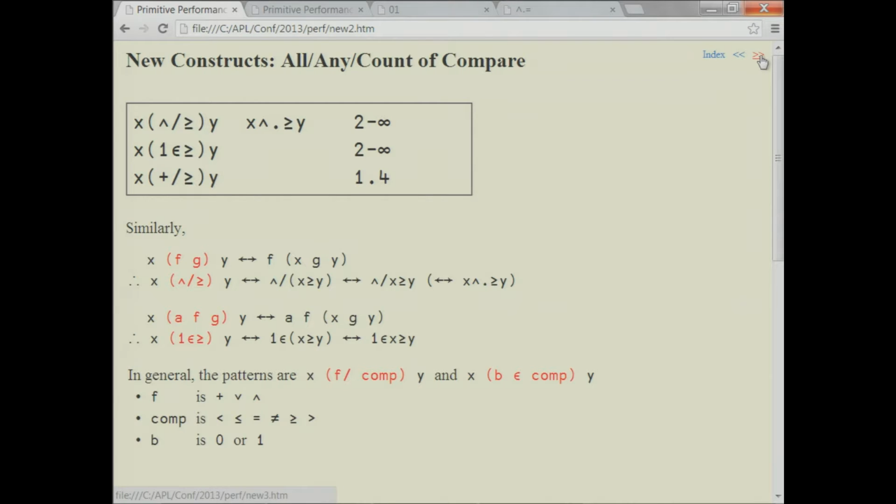So that would be for or/ and plus/. And the comparison can be any of the arithmetic functions. And if you prefer, you can use the equivalent 1 epsilon comparison or 0 epsilon comparison. For plus/, there's no infinite speedup because there's no early exit. You have to go right to the end to count how many.